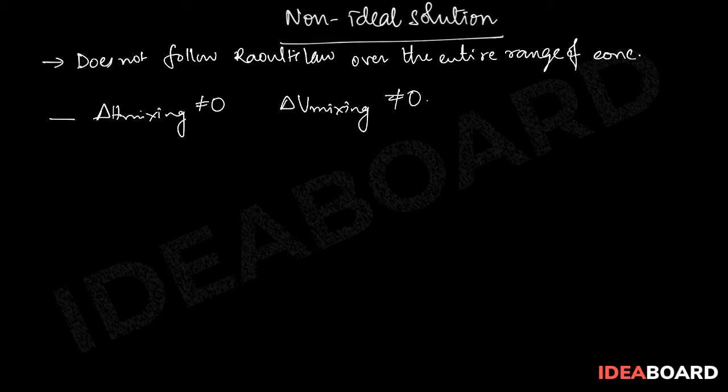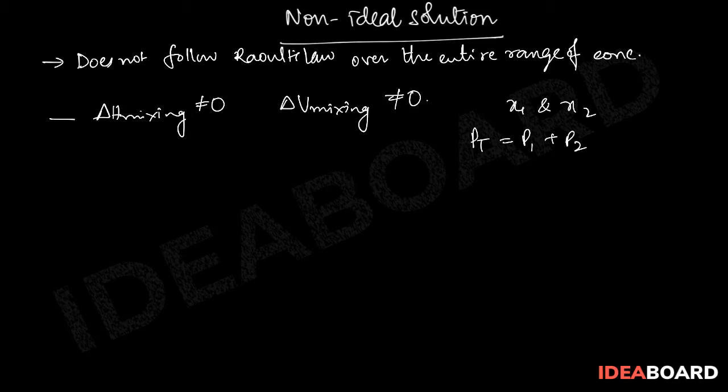So if it is higher, then it is called positive deviation. If it is lower, then it is called negative deviation. So generally when we take two components, say x1 and x2, we have P total is equal to P1 plus P2.